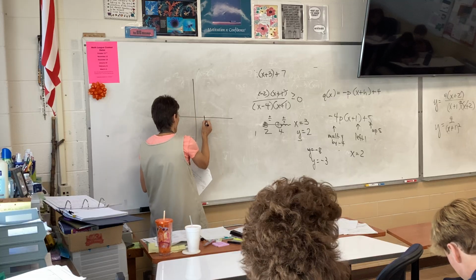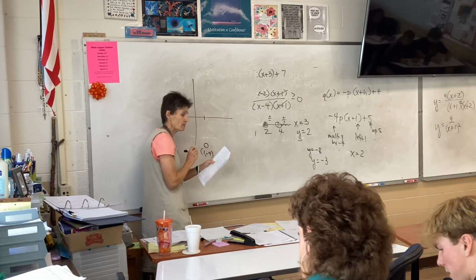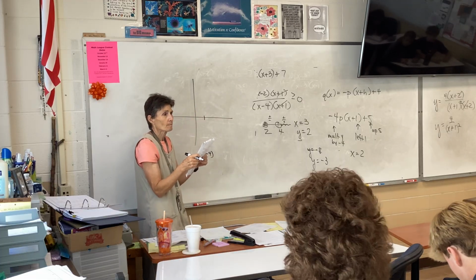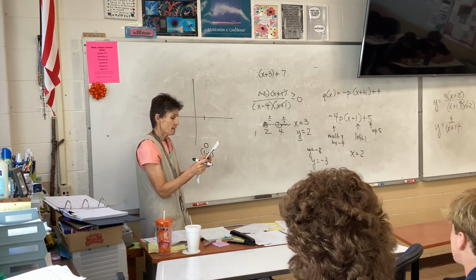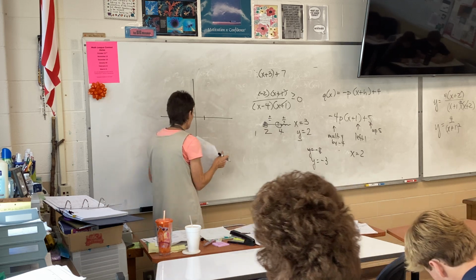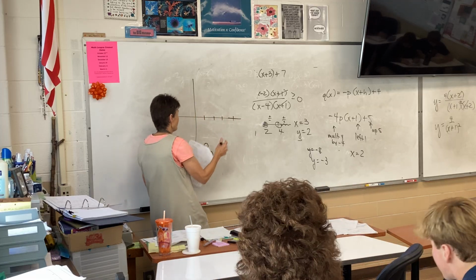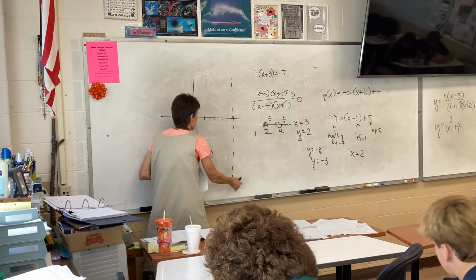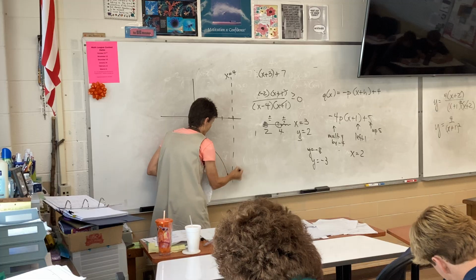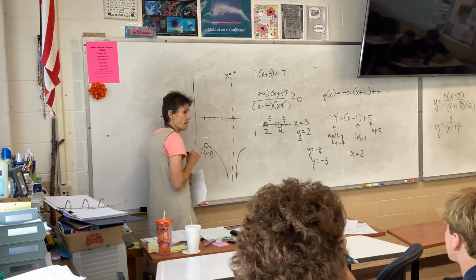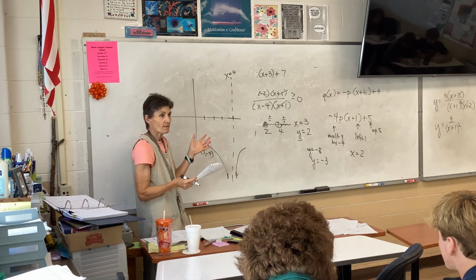If I'm approaching 1 and getting negative 4, then doesn't that have to be a hole? Right? I'm in the homework, number 3A. And if I'm approaching 4 and going to infinity, then doesn't that need to be an asymptote? That's what's happening. Is everybody okay with that?